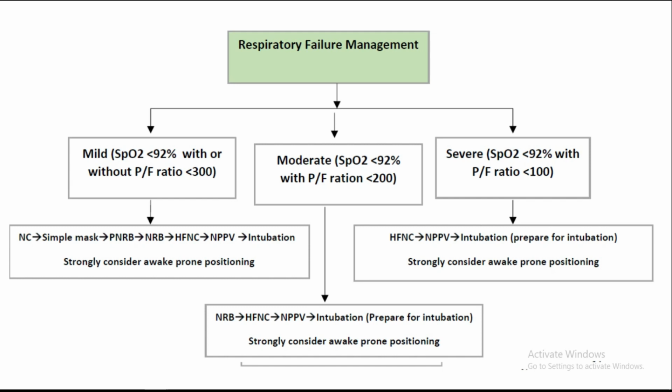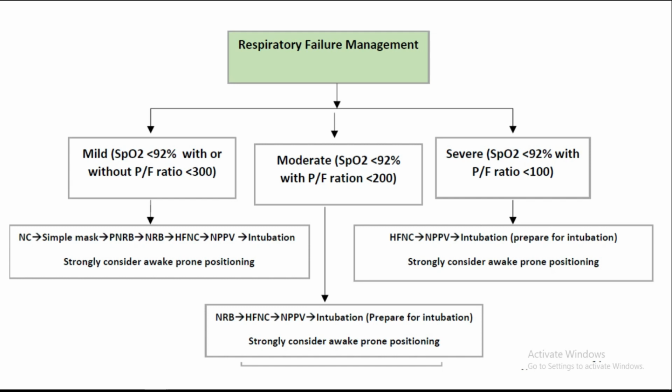If it is moderate, that is oxygen saturation less than 92% and PF ratio less than 200 but not less than 100, then start directly with non-rebreather mask. Then if not improved, high flow nasal cannula. If not improved, then non-invasive positive pressure ventilation.